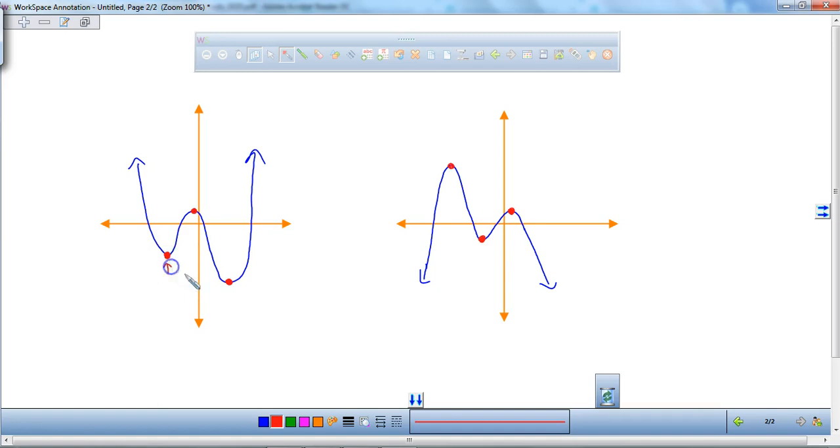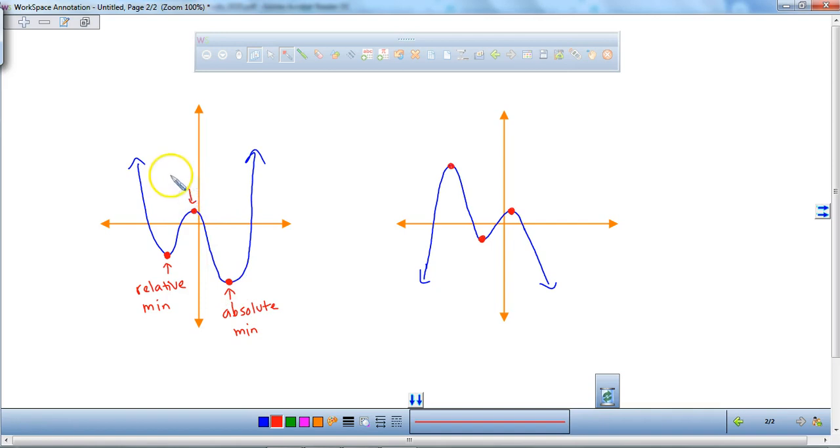This is a minimum in the graph, and this is a minimum in the graph. But these are different types of minimum. We call this a relative minimum. All right, so I'm going to call relative minimum. But we're going to call this the absolute minimum. That's the absolute lowest point in the graph.